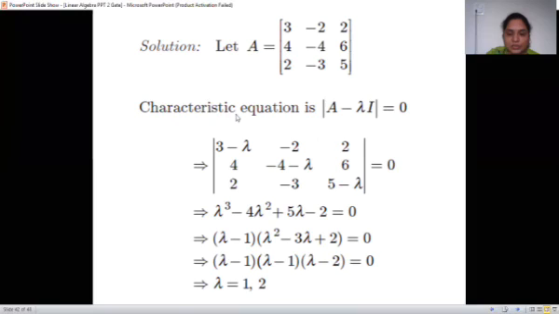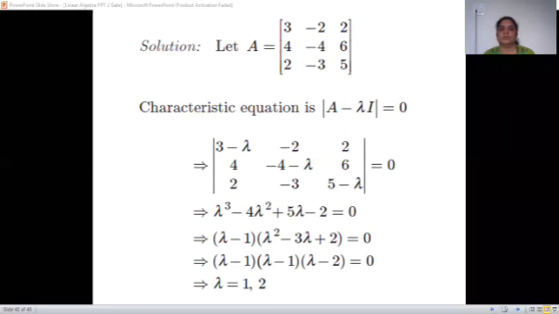So the characteristic equation is this equation. We are substituting the values, and then solving this equation, we'll get the answer.